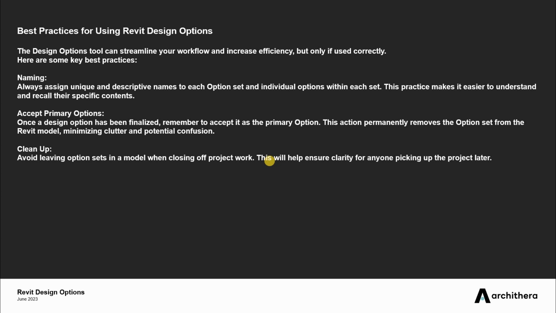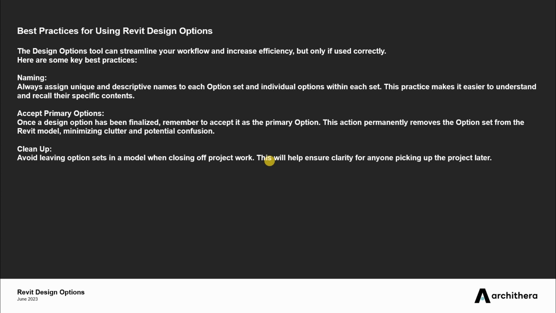If you have, for instance, an option set that contains 20 options and the names are not very clear, it can cause confusion in your project team, and also confusion for yourself down the line if you come back in a week's time to work on the same project and you don't know what's going on. So to be efficient in using design options, you need to make sure you name them correctly.